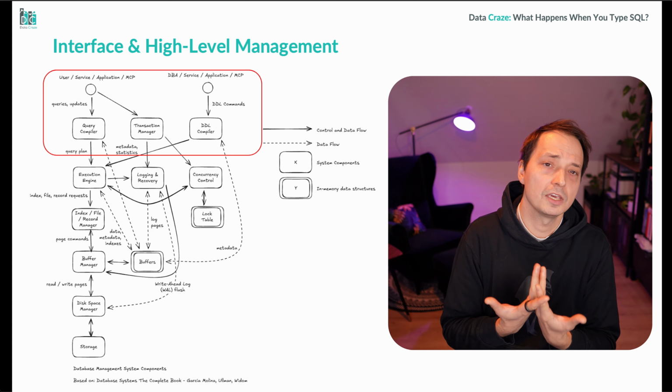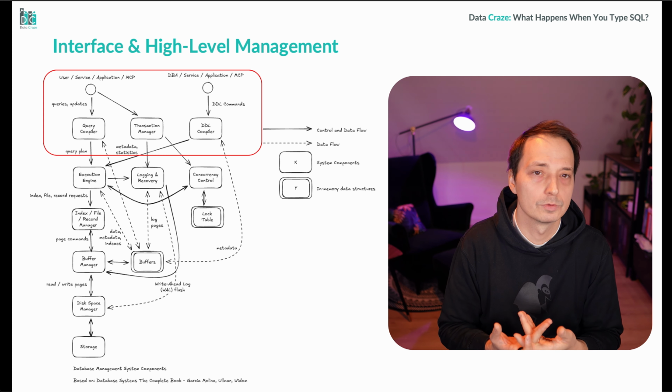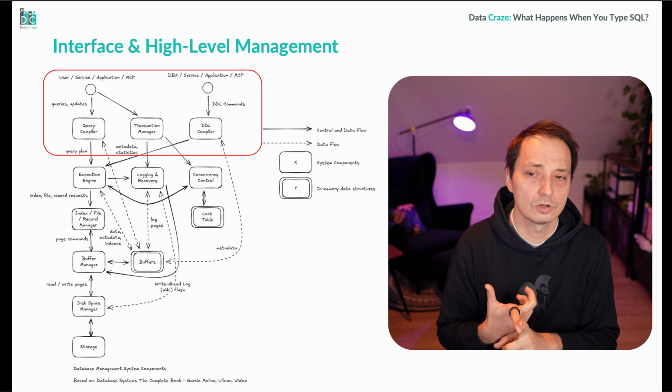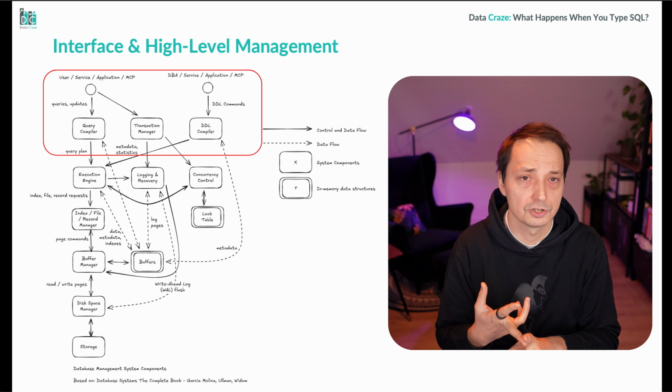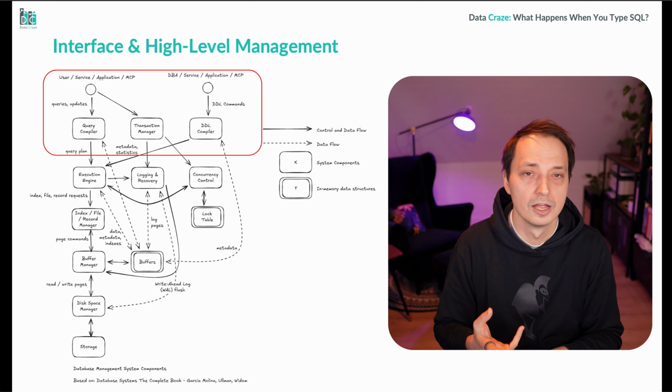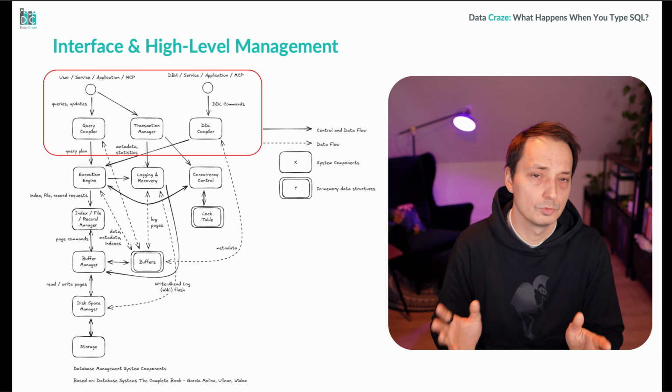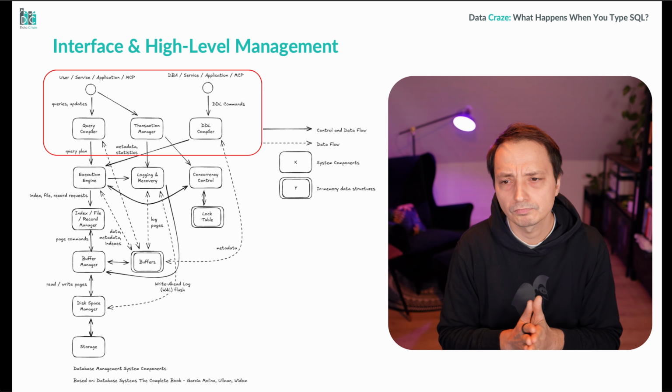So the interface and high-level management starts with either a user like myself querying the database, or some sort of service or application, or currently popular MCP services that are basically a communication between different LLMs.